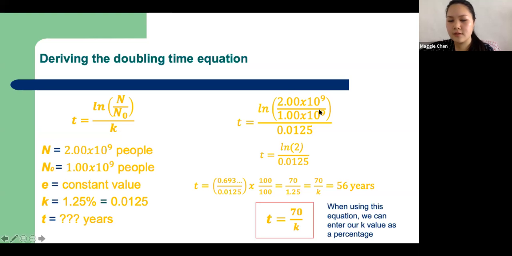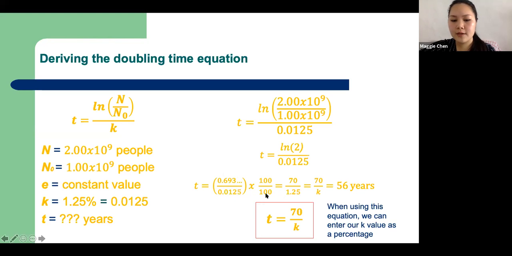So everything within these parentheses would just turn out to be ln of 2, all over our growth rate. If we plug in ln of 2, it's going to show up as this really long decimal, 0.693 and on and on, all over our growth rate of 0.0125.